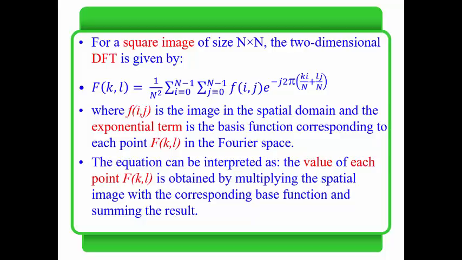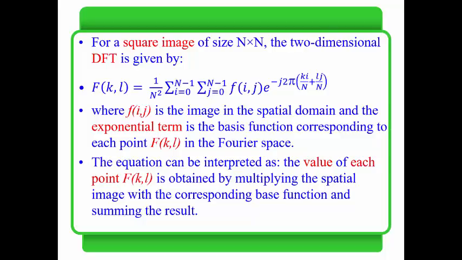As you can see in this kernel, we have e to the power minus j something. So this means cosine minus j sine. And as you can see, the frequency of the sine and cosine functions that we are using depends on the value of k and l. Like this I can get, let's say, the first harmonic, the second harmonic, the third, and so on.